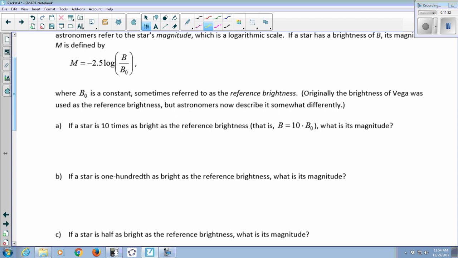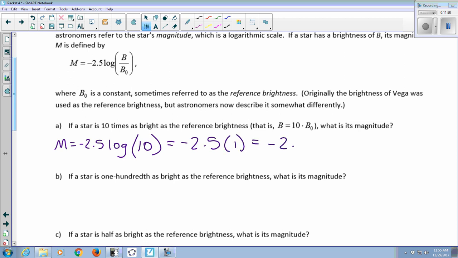If a star is 10 times as bright as its reference brightness, that is, B is 10 times B naught, what is its magnitude? So M is going to be negative 2.5 times the log. B over B naught would be 10. So the log of 10 is 1. So this is negative 2.5 times 1, which is negative 2.5.